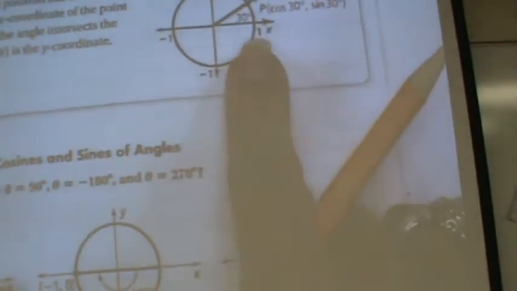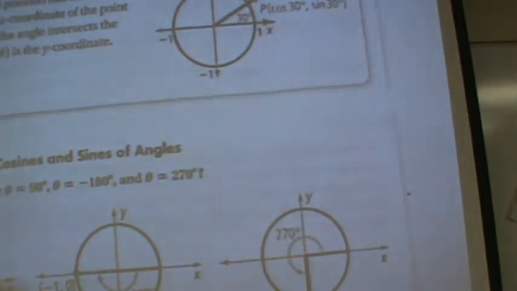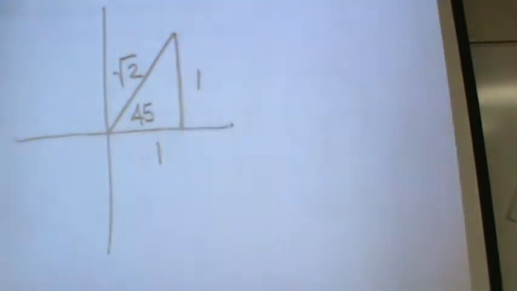Now, if we draw a triangle inside here, like a 45, let's do a 45, because you guys seem to understand 45 is the best. If I made a 45 degree angle here, can you name the sides for me? 1, 1, root 2.